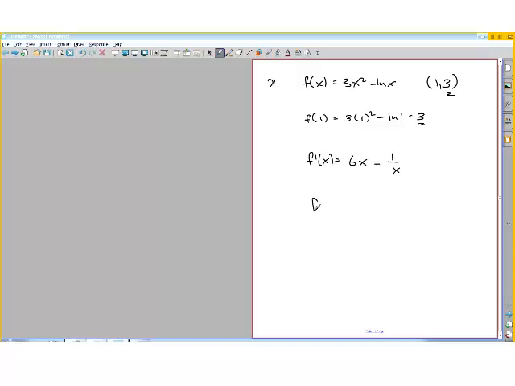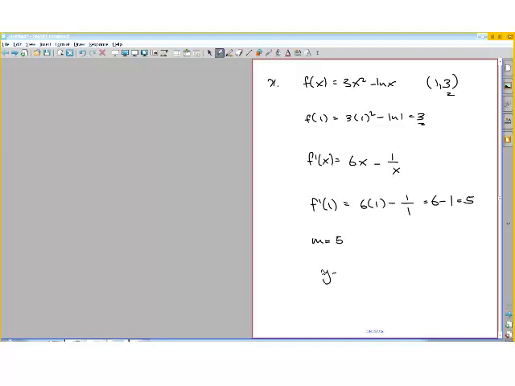Then we find f prime of 1. So we get 6 times 1 minus 1 over 1, which is 6 minus 1, which is 5. So we find the slope of this line at x equals 1 is equal to 5. So with that slope, we can say m is equal to 5.